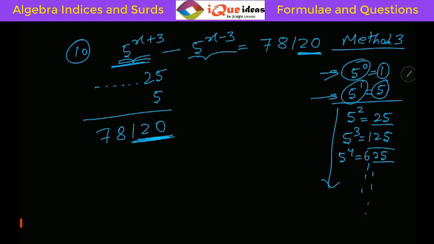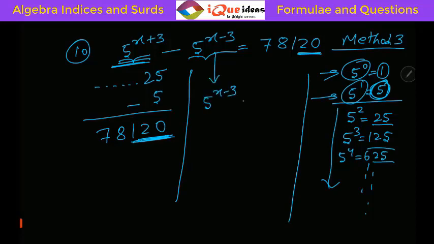Only 5 in it. Then only after subtraction, we will have 20. We cannot take 1 because 25 minus 1 will be 24. Here it is 20. So we must take the second number as 5. So from here only we can say for sure that 5 raised to x minus 3 has to be 5, which is 5 raised to 1. Okay, so x minus 3 is equal to 1, that is x equal to 4.